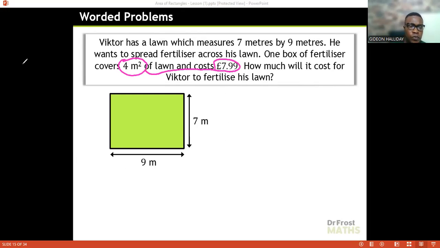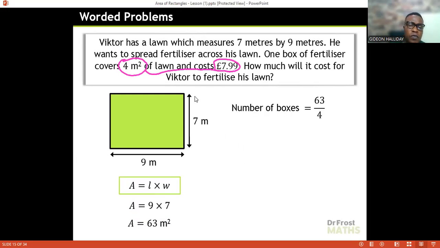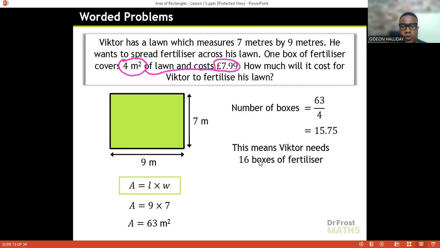We have to find the area first, and that's 9 times 7, which is 63. Then the number of boxes is 63 divided by 4 square meters, and that gives us 15.75. That means Victor needs 16 boxes because we can't have 15.75 boxes.